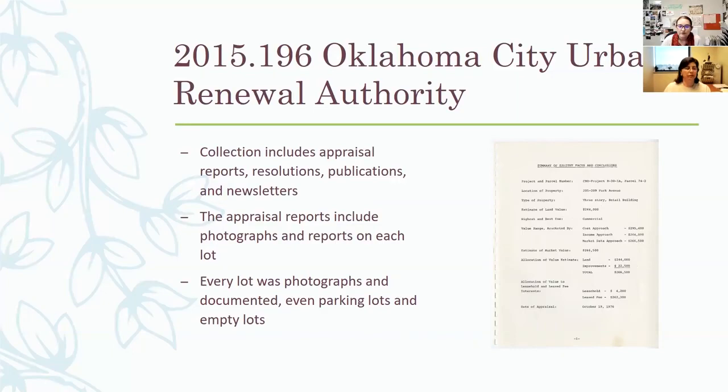The appraisal reports include photographs on each of the lots, and as you can see, they also include how much the property was worth, if it was leased, and what type of building it was. Every lot was photographed, even if they were empty lots or parking lots.